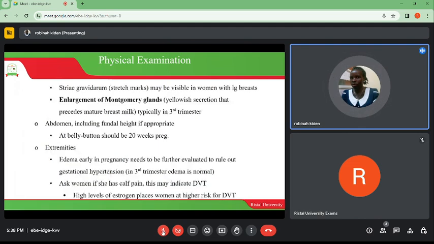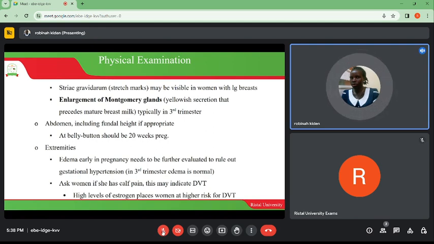So we are still continuing with the physical examination. Then we look for the striae gravidarum. In our previous lecture, we looked at the images of striae gravidarum, and we are now conversant with that. That refers to stretch marks in layman's language. At this stage, they may be visible in women with large breasts.